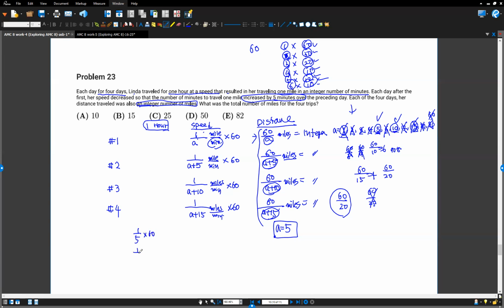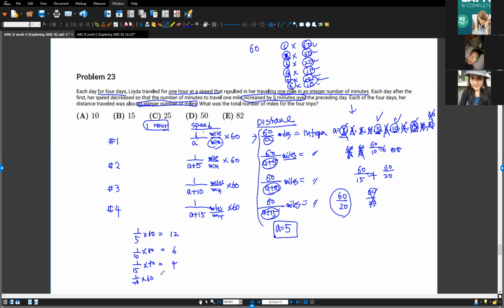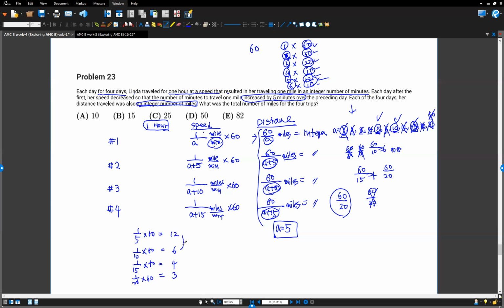The next one is what? 1 over 10 times 60. The next one, 1 over 15 times 60. 1 over 20 times 60, right? This is how much? 12. This is 6. This one is 4. This is 3, right? Total number is 25. I got C, 25 miles.